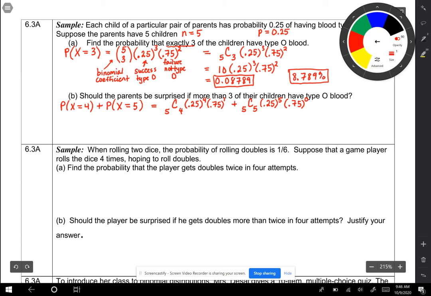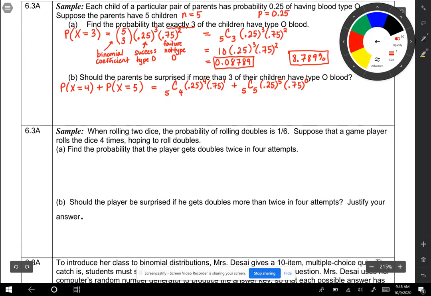Those two exponents should add up to the number n, right? And then putting this in your calculator would give you 5, and then just 0.25 to the fourth, 0.75.